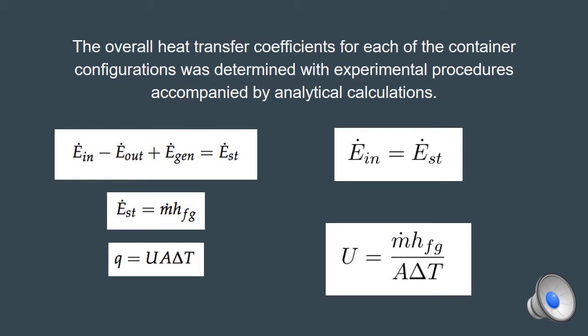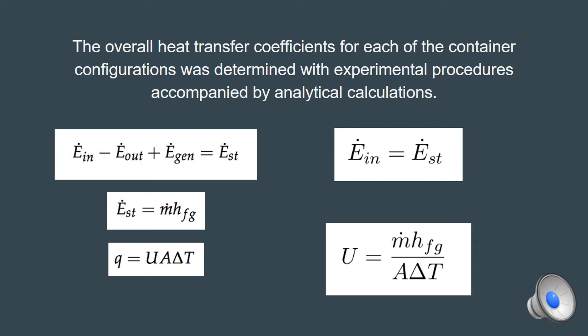The heat transfer into the system, along with the change in temperature, is measured. This allows for the overall heat transfer coefficient to be calculated. The overall heat transfer coefficient becomes the mass flow rate times latent heat of fusion of water over the area times the difference in temperatures.